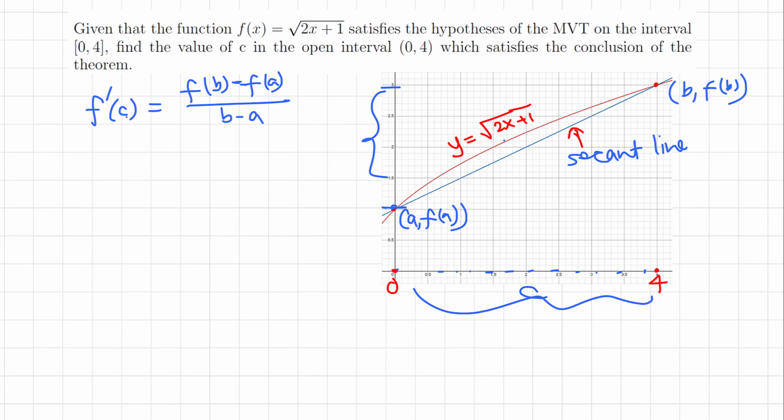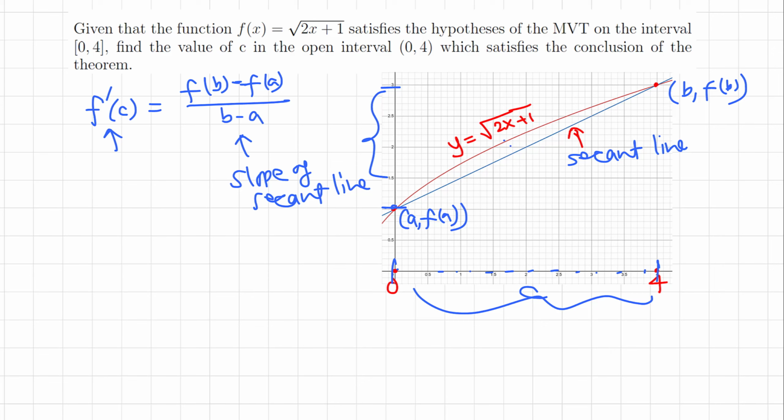We are supposed to find c. Here a is 0 and b is 4. So this is the slope of the secant line, and this one is: find the derivative and then evaluate it at c, that's the slope of the tangent line.